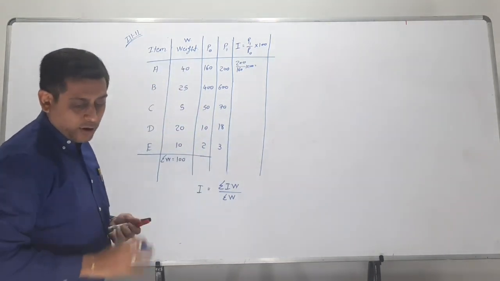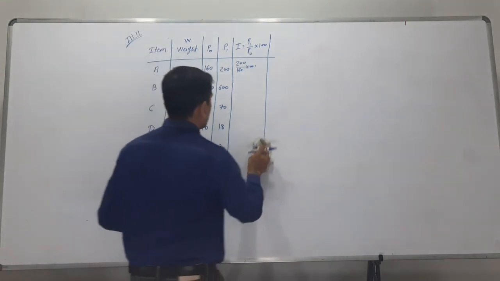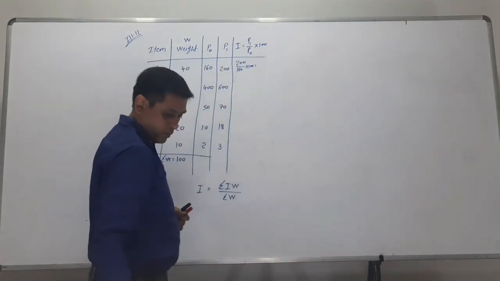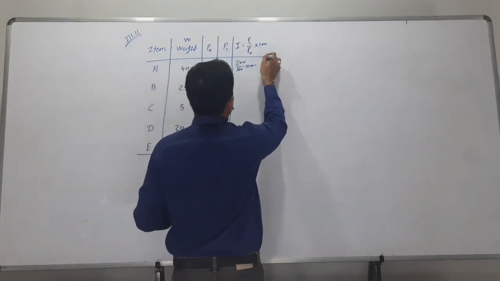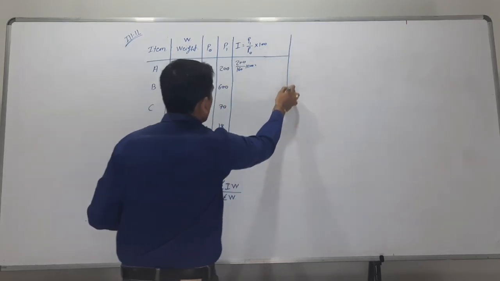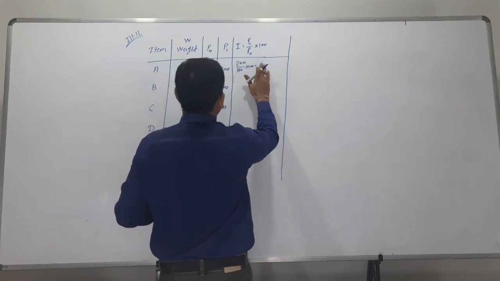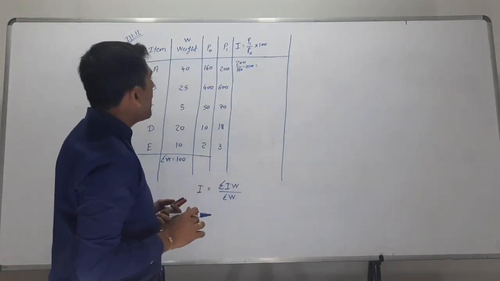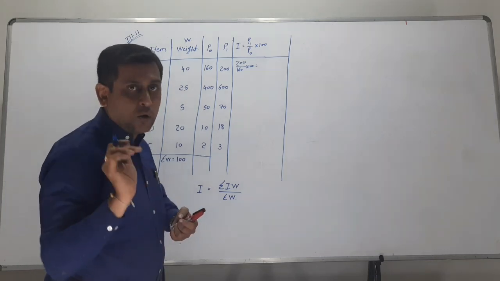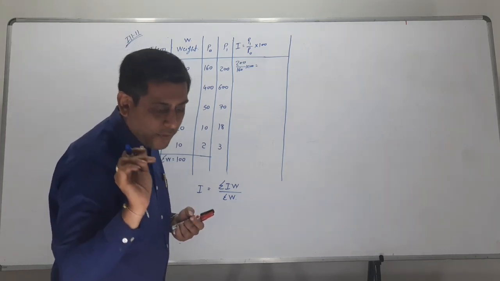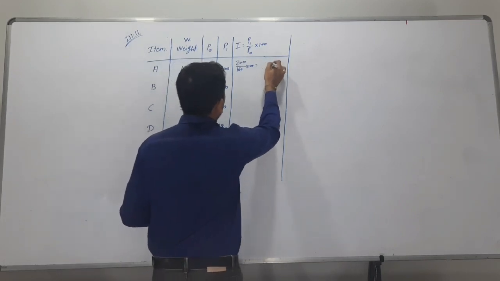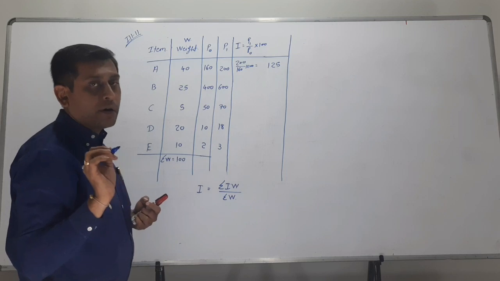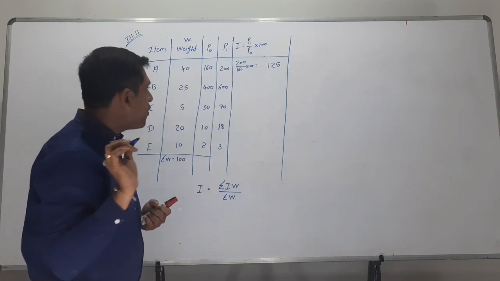What is your I first? We have to make this column somewhat big so that we can easily write 200 divided by 160 into 100. Do it yourself on your calculator, that is 125. Here the index number of the first item, A, is 125.